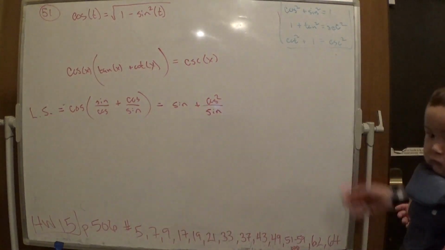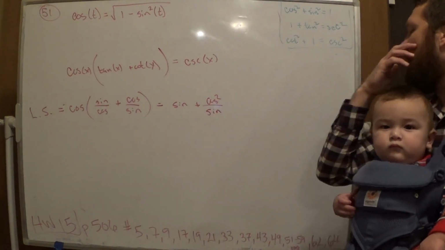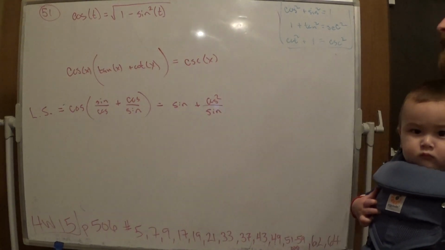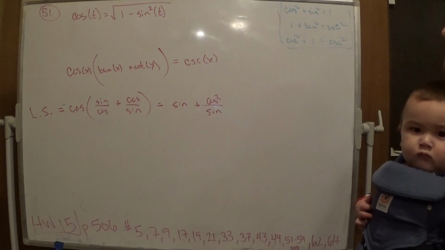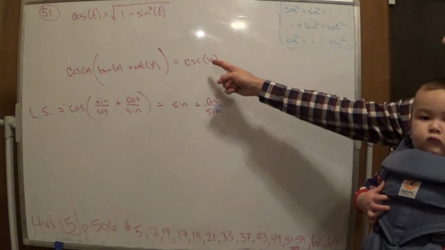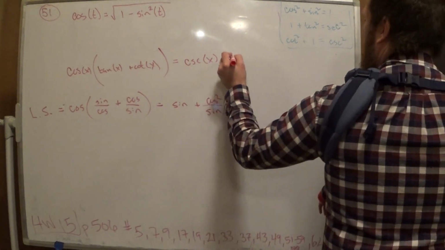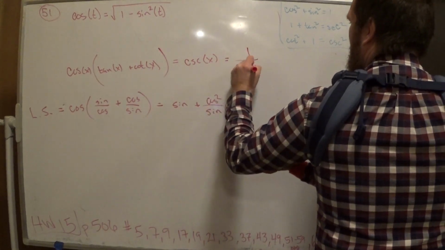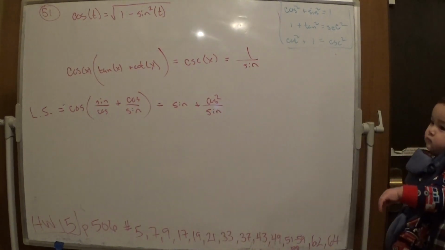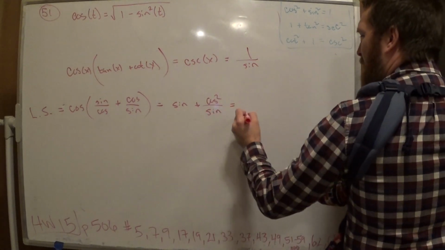Okay, maybe if I get a common denominator, I don't know. If I stop right here and say, well, that's not that, so it's not true, I might be wrong. I'm thinking the right-hand side is the same thing as 1 over sine. I have something over sine, so maybe if I get everything over sine, I'll see something.